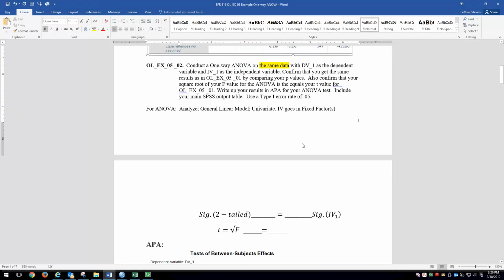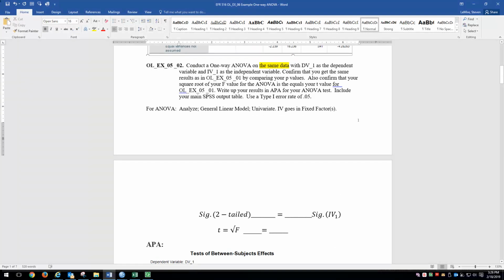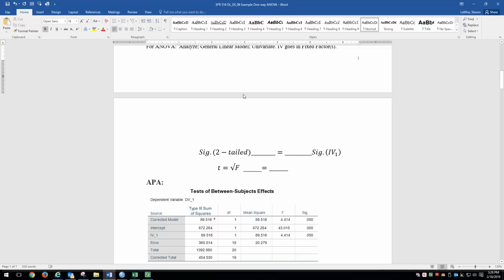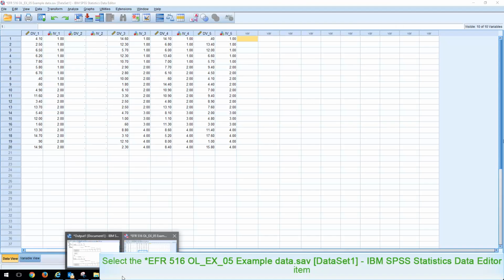Okay, so now come down to number 2. It says conduct a one-way ANOVA on the same data set as the dependent variable. So we're going to use the same data as we did before, but now we're going to conduct a one-way ANOVA for that. So when I run that, I'm going to come over here to Analyze.